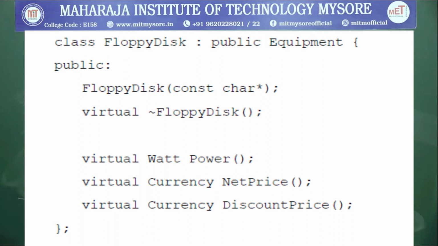Next you have watt power, which calculates the power, and then currency, which calculates the net price, and in the same way the discount price. These were a few of the operations that were there in the parent class, that is, in equipment also. The same default operations are carried in this floppy disk also.